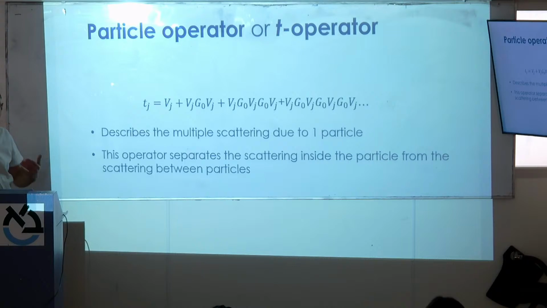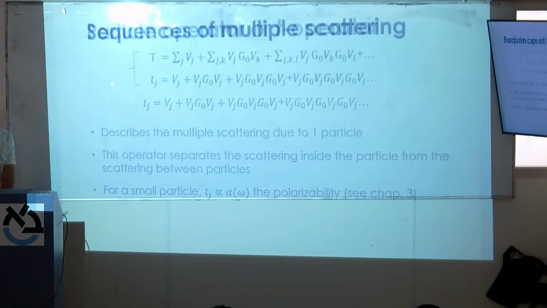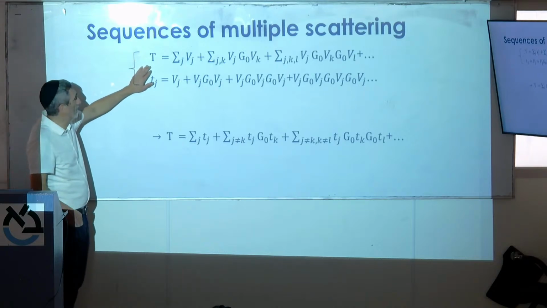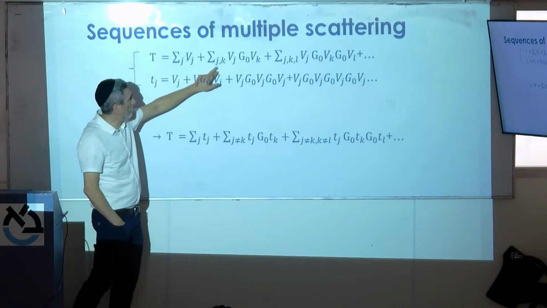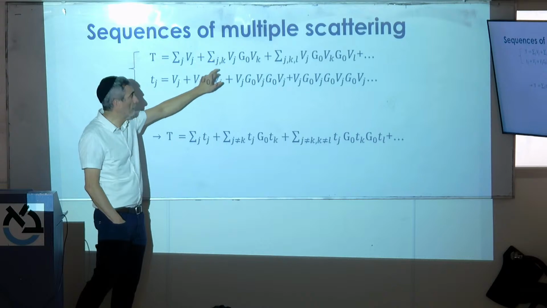So now if we rewrite the full T matrix, it is given by this equation. I have no assumption on j and k here; they can be identical.